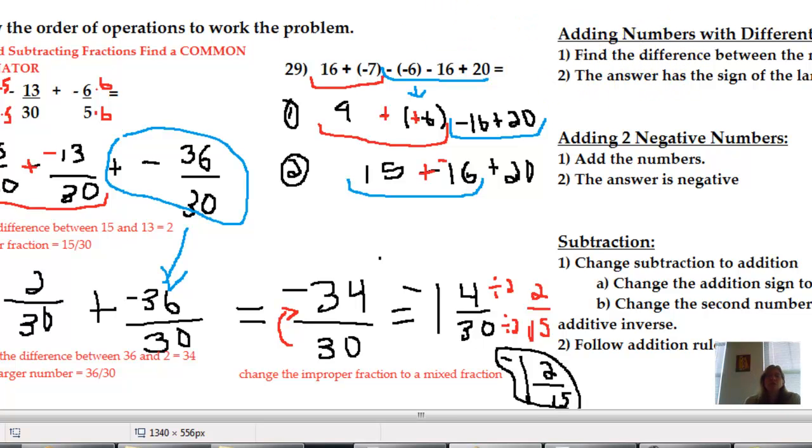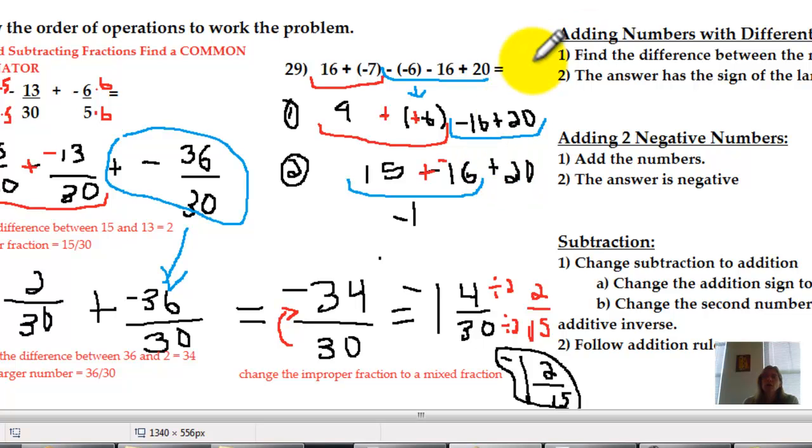The difference between 16 and 15 is 1, and we use the sign of the larger number, remembering that we're taking it out of context. It's the absolute value of the larger number. So it's a negative 1.